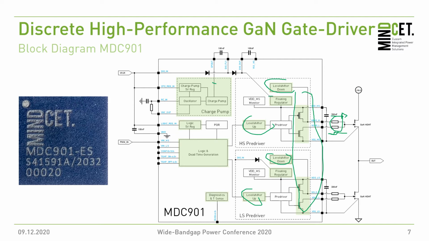Unique for this driver are also the floating regulators that are truly regulating the voltage that your GaN sees between its Kelvin source and its gate. There is the charge pump allowing 100% duty cycle, the bootstrap diodes that can work together with the charge pump, and the 5 volt logic linear regulator allowing for a single input supply voltage.